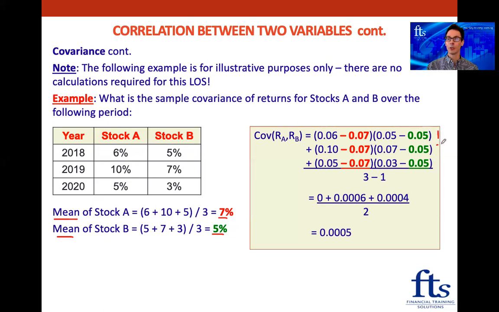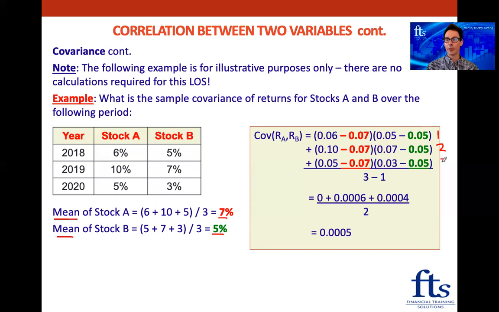Then we do it for year 2, 2019. Stock A did 10%, and its mean is 7, so it's deviating by 3. Stock B did 7%, and its mean is 5, so it's deviating by 2.